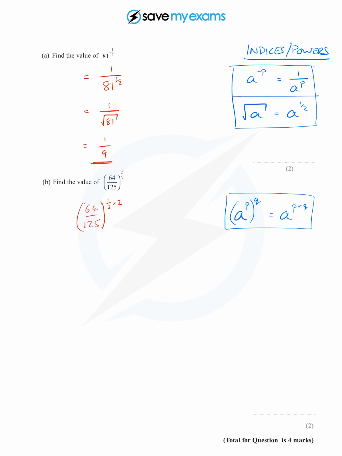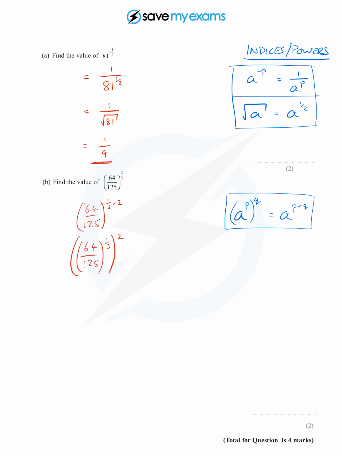And now you see that we've got the power of p times q, and we can split it up like that. Make it to the power of p to the power of q. So let's do 64 over 120, not 112, where did that come from? Try again, 64 over 125 to the power of a third, all to the power of 2.